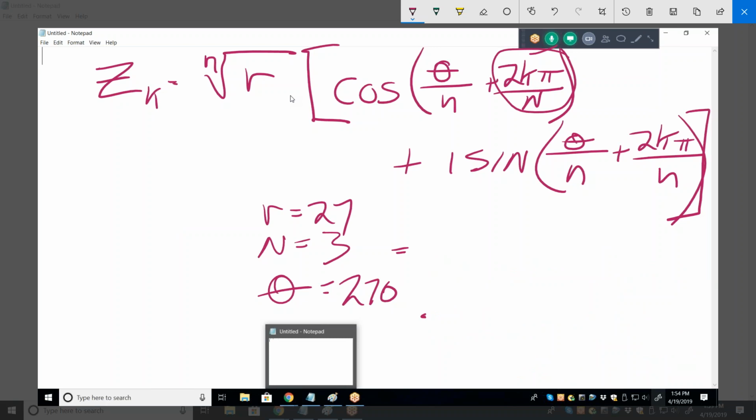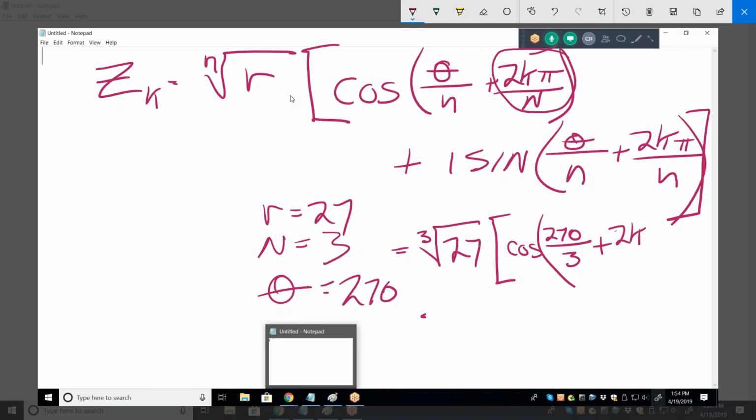So we got the third roots of 27 times cosine of 270 divided by 3.